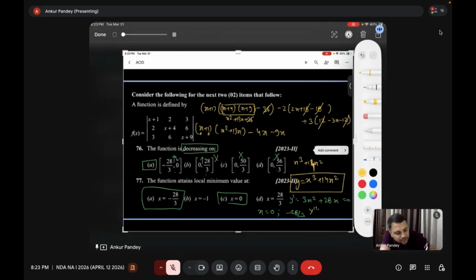Double differentiation is equal to 6x plus 28. They want minimum, means double differentiation should be positive. At x equal to 0 it is coming positive, so the right answer is C. Clear? If the same question would have been maximum, the right answer would have been this. Clear?